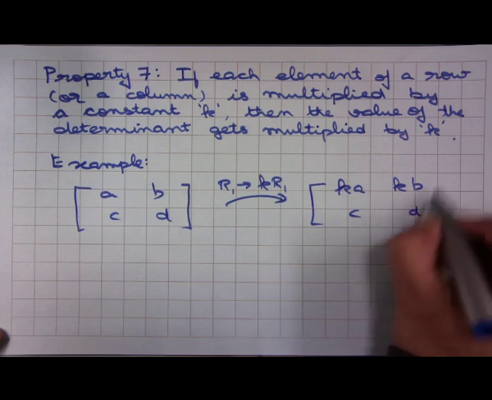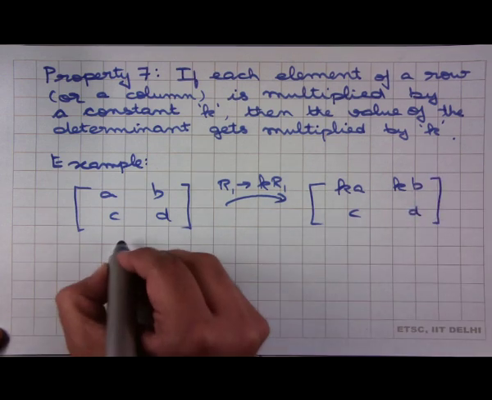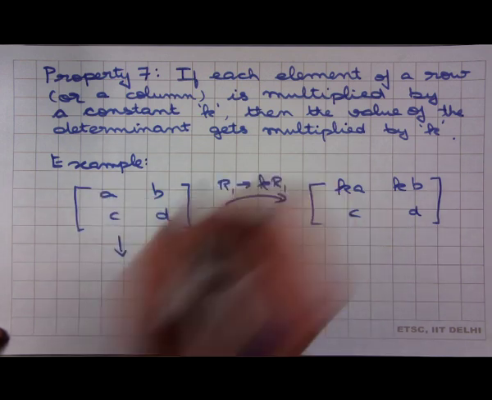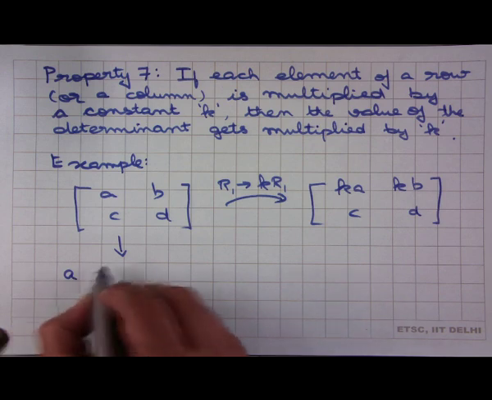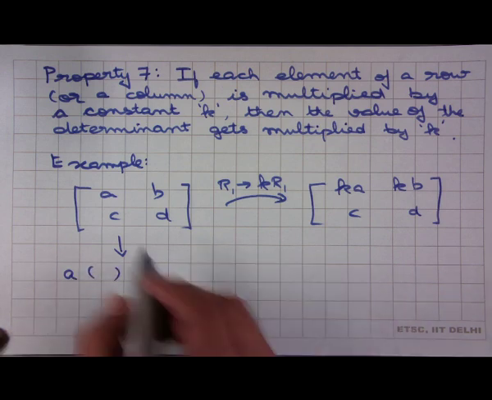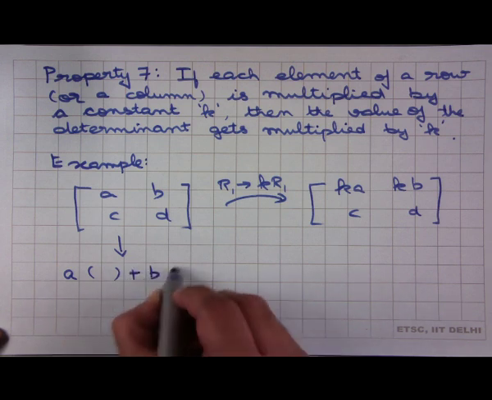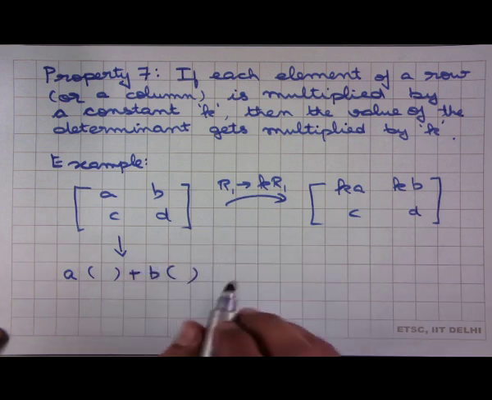So, the question is what happens to their determinants. The determinant over here, instead of looking at the formula AD minus BC, let us just write it down as A times its cofactor, whatever that is, we know it is D, but let us just write it down, plus B times its cofactor, we know it is minus C, but let us just write it down.